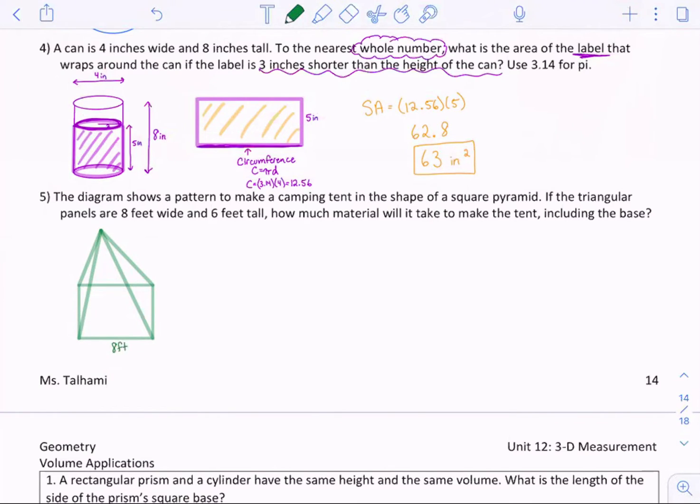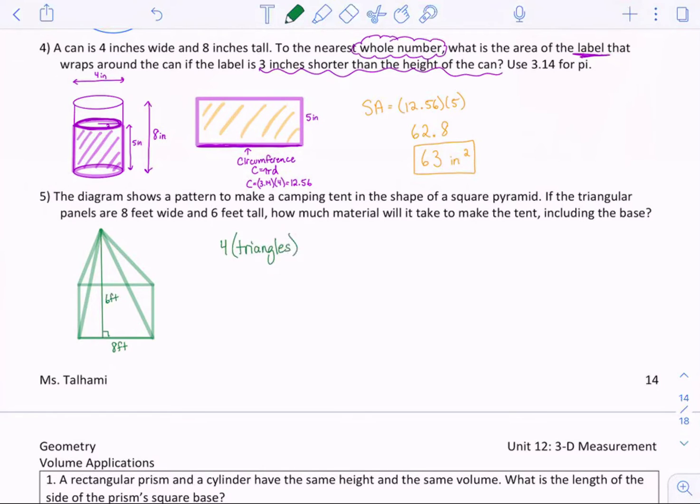So it said the triangular panel is 8 feet wide. So here's a triangle that's 8 feet wide. And then it says it's also 6 feet tall, right? That's right. So you need to make a perpendicular altitude. So how many of those panels do we have? Well, we have 4 since it's a square pyramid. So we actually have 4 triangles.